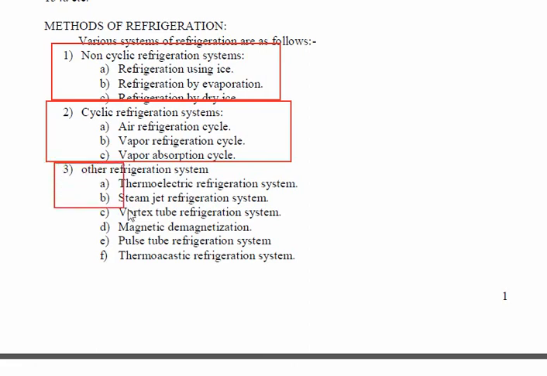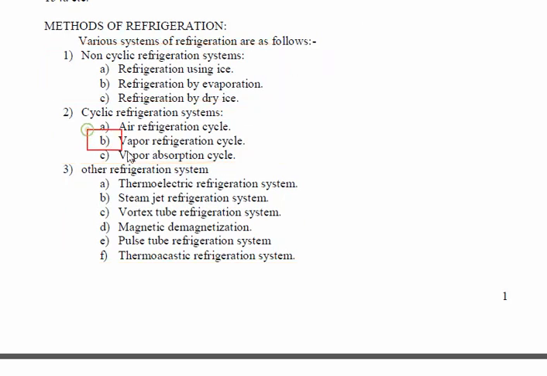Other refrigeration systems are thermoelectric refrigeration, steam jet refrigeration, vortex tube refrigeration, magnetic refrigeration, pulse tube refrigeration, and thermoacoustic refrigeration systems. Today we are going to discuss the vapor refrigeration cycle, that is the vapor compression cycle.